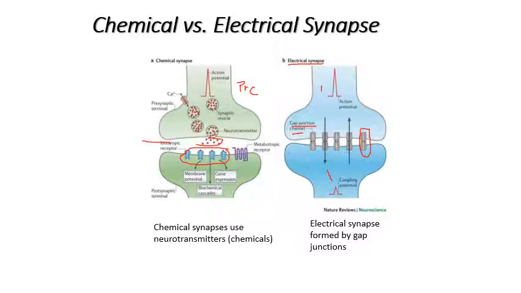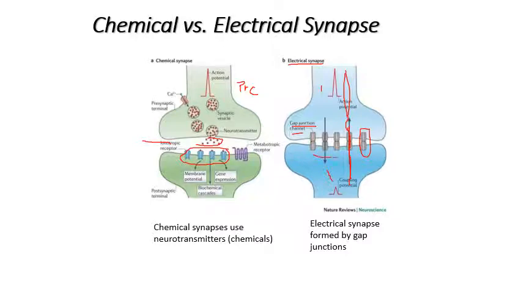It's actually a connection between the two, like a tunnel between the two cells. So if an action potential is coming down, that electrical signal can actually be brought across to the next cell. If ion movements are taking place here, those ions can also be moved into the next cell. We see that here.